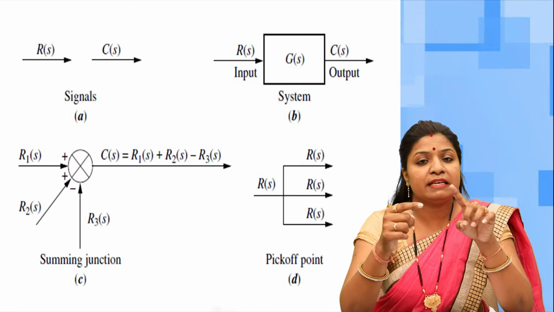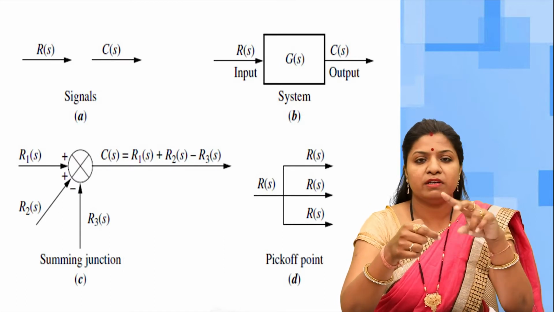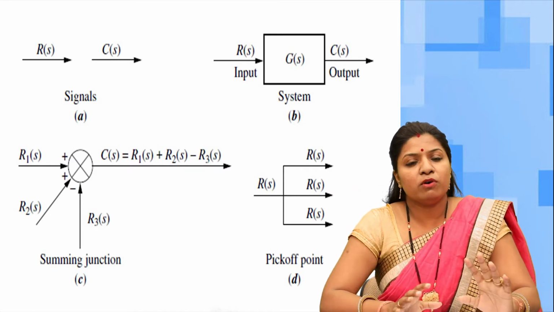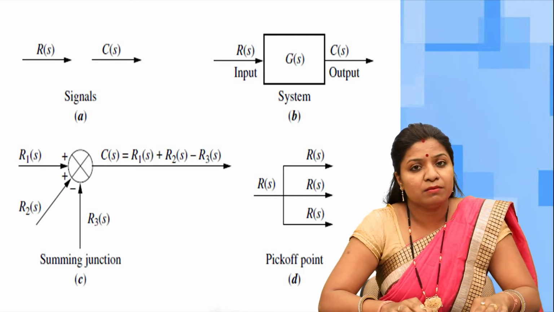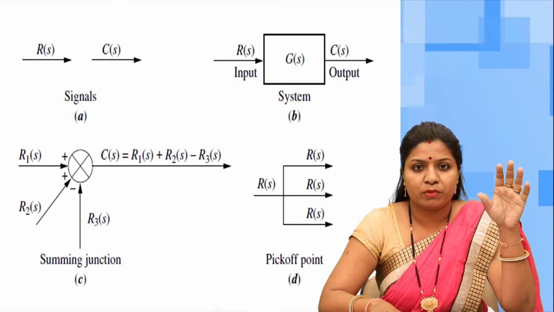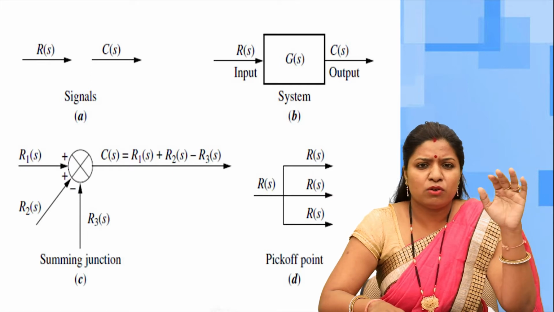Because we are working in the frequency domain. We know there are two types of domain: one is the time domain and the second is the frequency domain. When we talk about signals, we don't work in the time domain; we always work in the frequency domain, that is, the Laplace transform. Even signals which do not contain R(s) or C(s) are also known as signals.